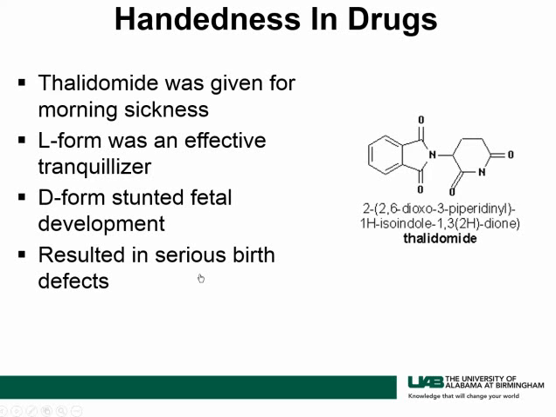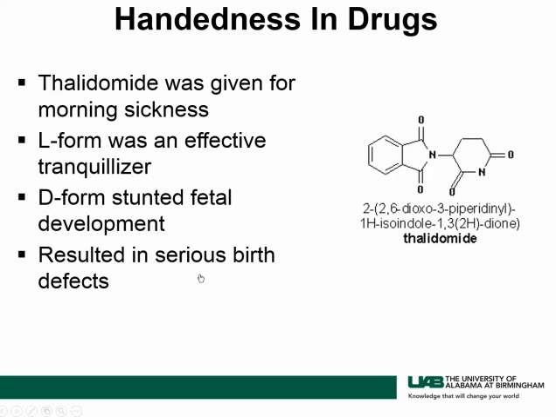There's a drug called thalidomide that was given for morning sickness around the turn of World War II. This was used to control morning sickness in pregnant women, and it was very, very effective. But here's the problem. There were a lot of genetic deformities that occurred as a result of giving this drug to a lot of pregnant women.